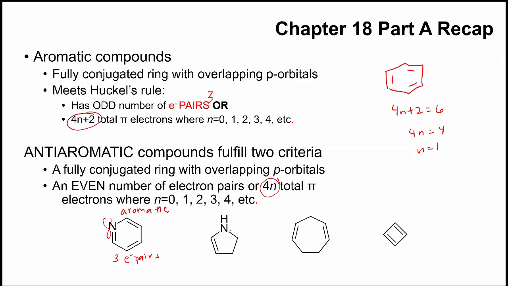This structure here with the nitrogen in the 5-membered ring is cyclic, but it's not conjugated because these are sp3. They can't have overlapping p orbitals if there are sp3 carbons. So this is non-aromatic.